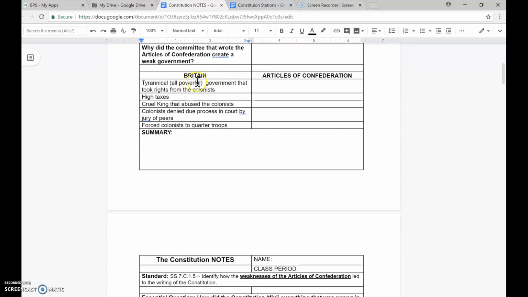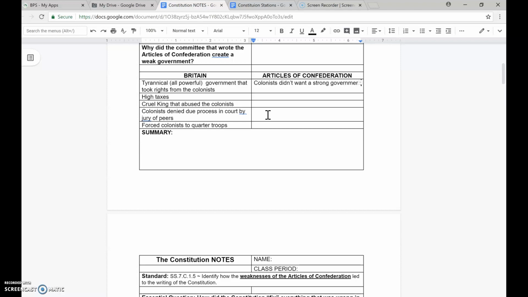First of all, Britain was a tyrannical, all-powerful government that took rights from the colonists. So I want you to write right here, how did that influence the Articles of Confederation? Britain was tyrannical and all-powerful and took away the rights of the colonists. Under the Articles of Confederation, colonists didn't want a strong government.